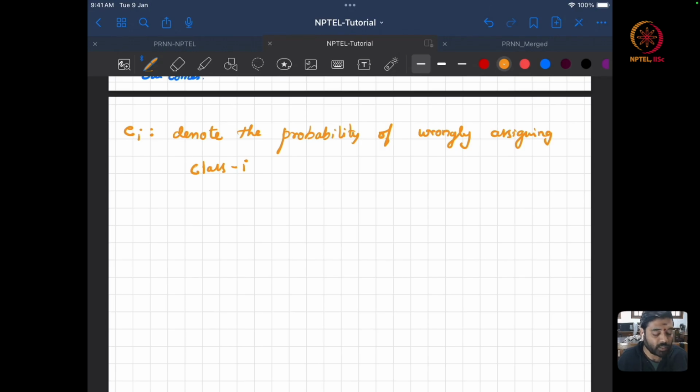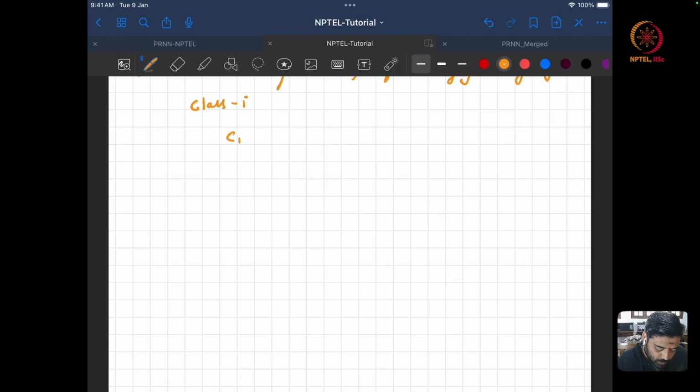So now there are two cases. I'm assuming that C1 is the positive class, C0 is the negative class.